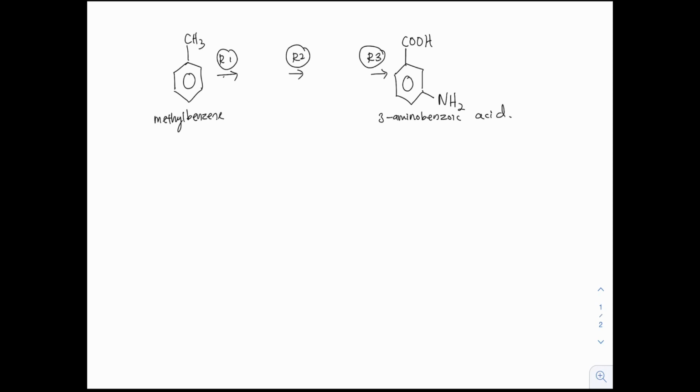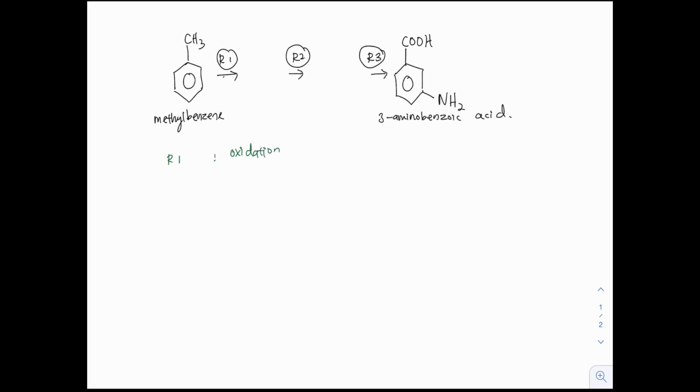Is it possible for free radical substitution to form this? That is not accurate as well. So the only way to explain this is the oxidation. Therefore, the first step is conversion of CH3 into COOH. That is the oxidation.